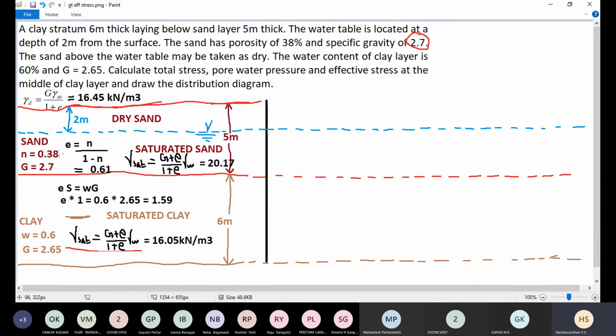But in this question, we are also asked to calculate at the middle of the clay layer. So I'll just draw a line here at the middle. So you have to calculate values at all these depths.